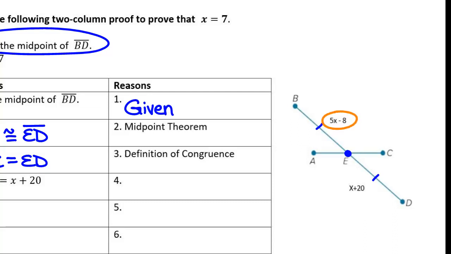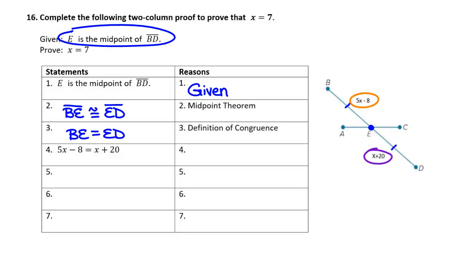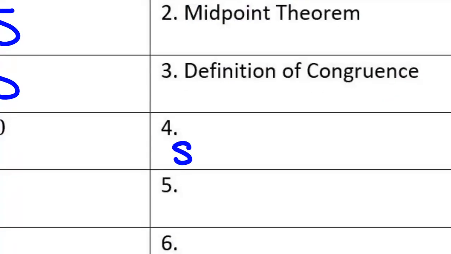Here's 5x plus 8 and x plus 20. So why did they replace BE with 5x minus 8? Why did they replace ED with x plus 20? What are we using to be able to do that replacement? Substitution.